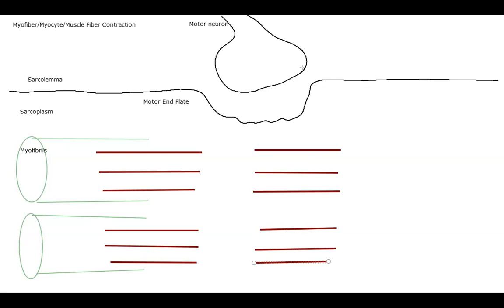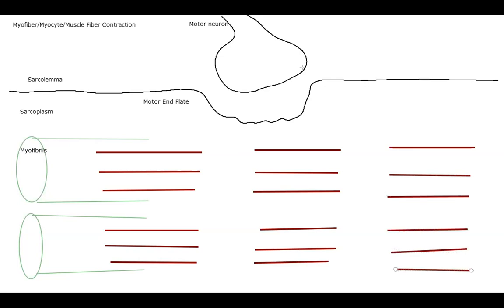Lots and lots of different terms there. Again, these guys are myosin, and those are the red ones. The myosin also have these funny little heads on both sides of the fibers.